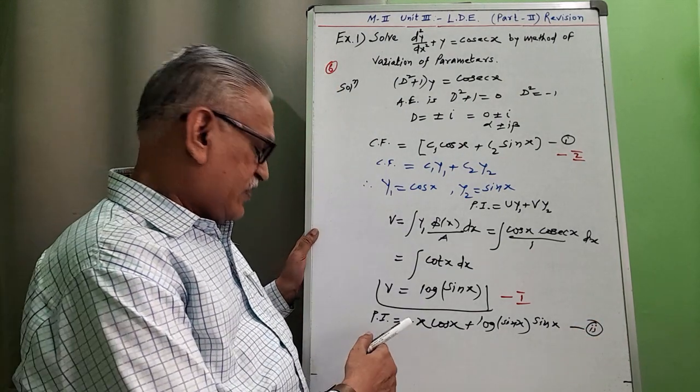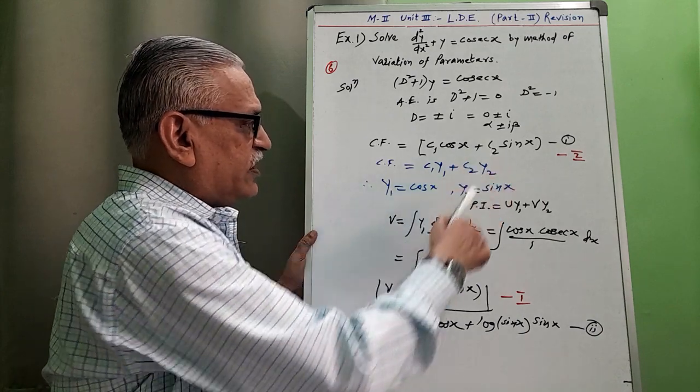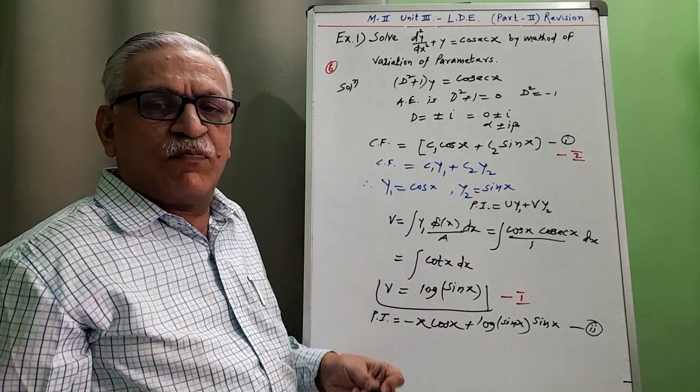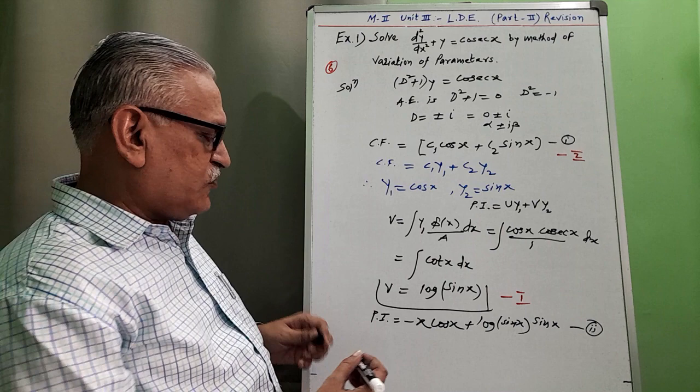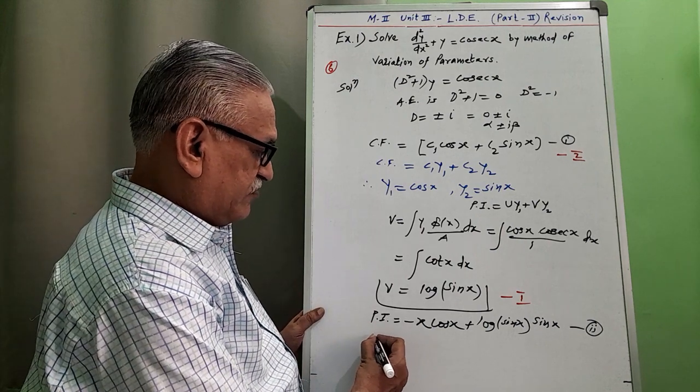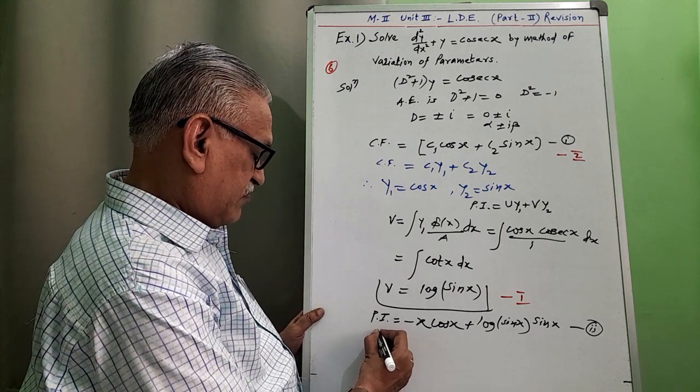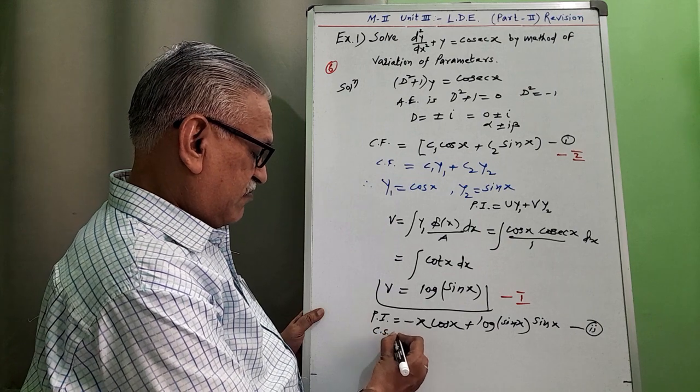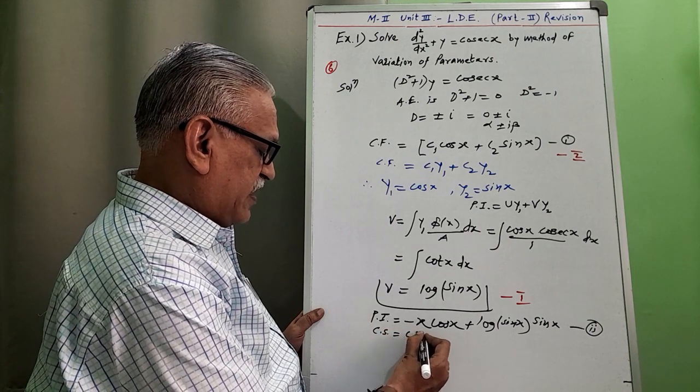Then we combine equation 1 and equation 2 to get the complete solution, which is CF plus PI.